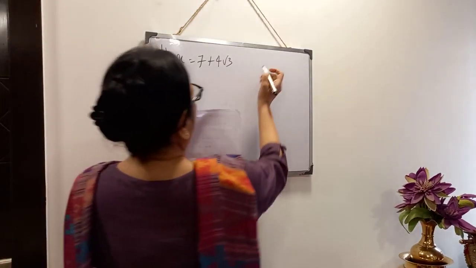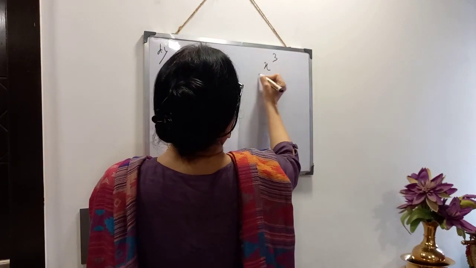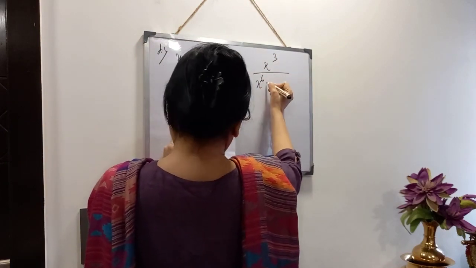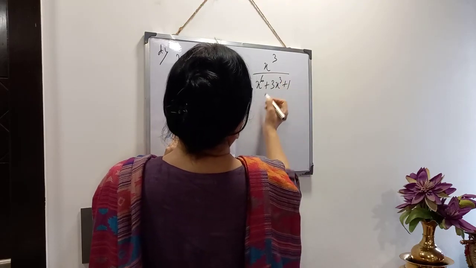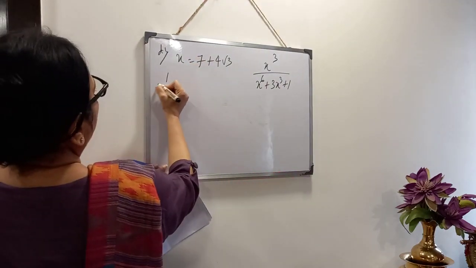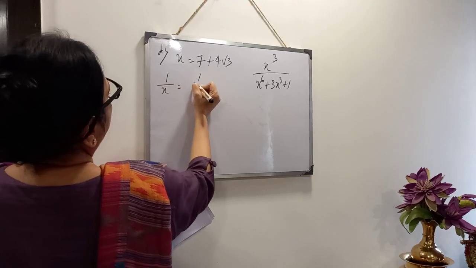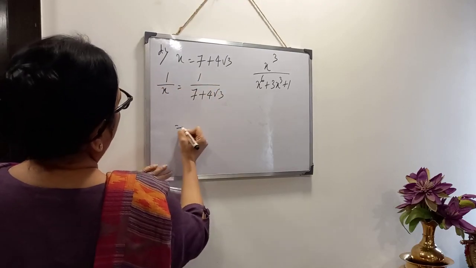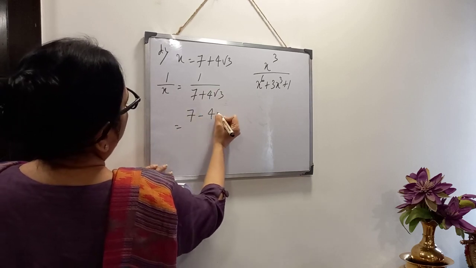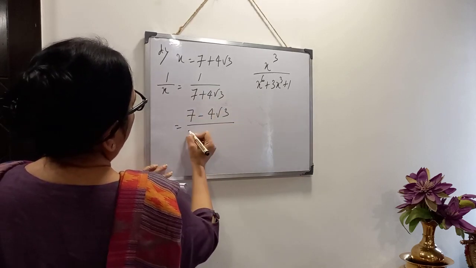So, you have to calculate the value of this. X is given, we will calculate 1 by x. Again same rule, by a minus b form we have to multiply.